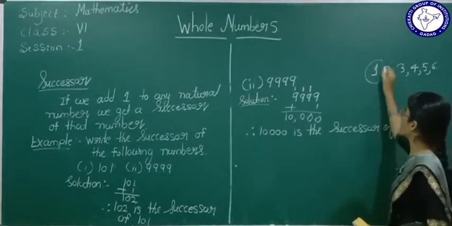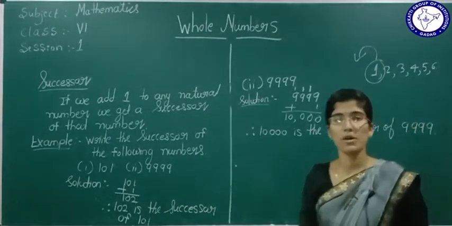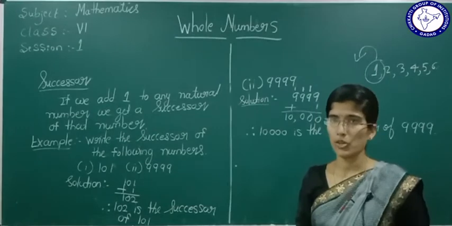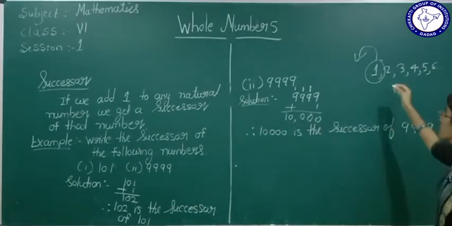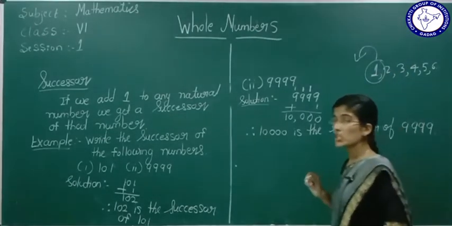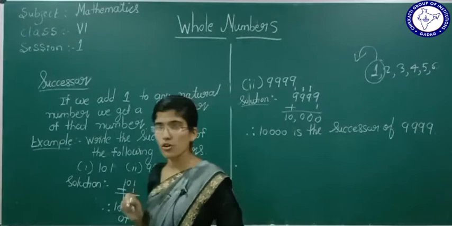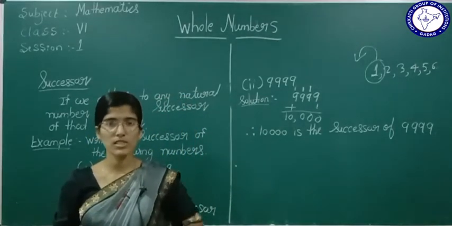Now tell me, what is the predecessor of 1? Before 1, which number will come? No, because natural numbers start from 1 only. So there is no predecessor for 1 in natural numbers.